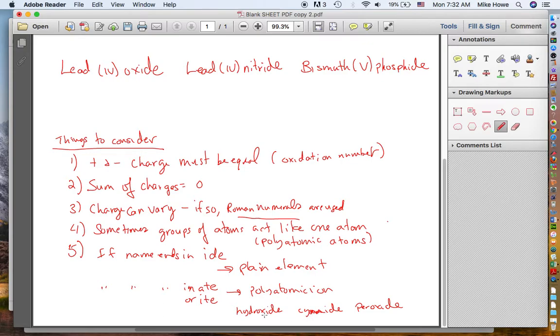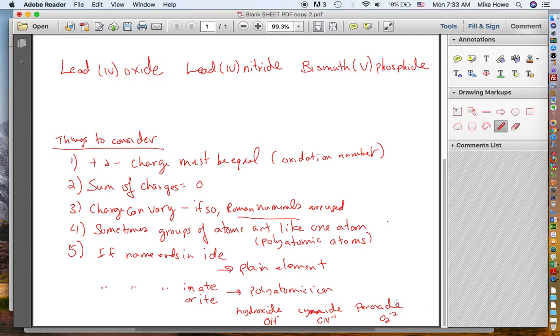So things that end in IDE are usually what we call binary compounds with just 2 elements or a plain element at the end. However, there are 3 polyatomic ions that end in IDE. One of them is hydroxide. It has a chemical symbol OH, has a -1 overall charge. Another one is cyanide, has an overall -1 charge, and another one is peroxide, and it has a -2 charge.